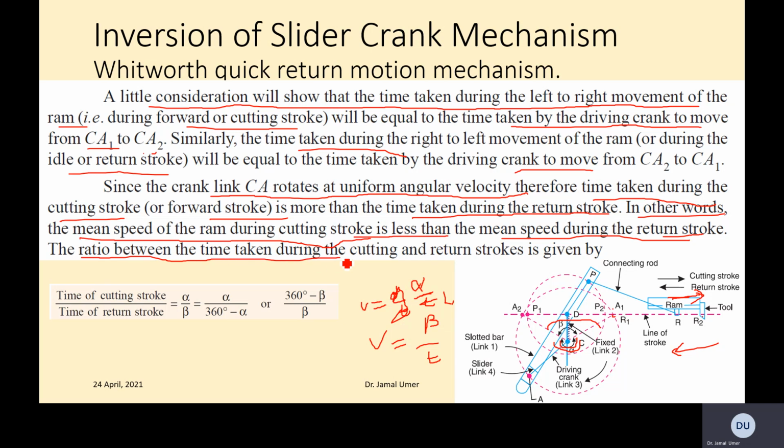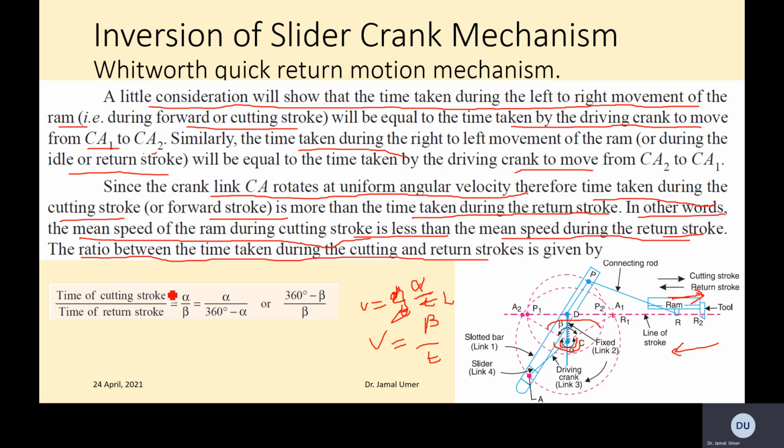The ratio between the time taken during the cutting and return stroke is the time ratio again: time of cutting stroke over time of return, which is alpha over beta. Now the time taken for forward is taken as alpha, which is opposite to the previous example.